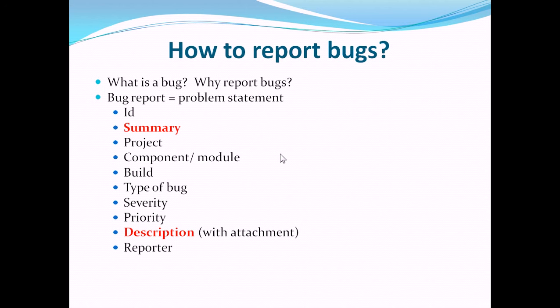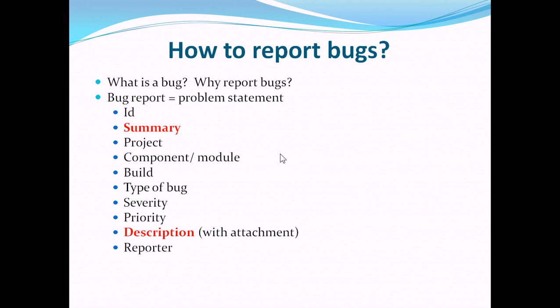So it is always good that you go directly to the bug tracking system and file the required bug report there. Now there are many fields in the bug report that you have to specify, but the important ones are the summary. Summary is a short description of the problem, and it is useful because managers and developers, when they look at all the bugs together in a list, see only the summaries.